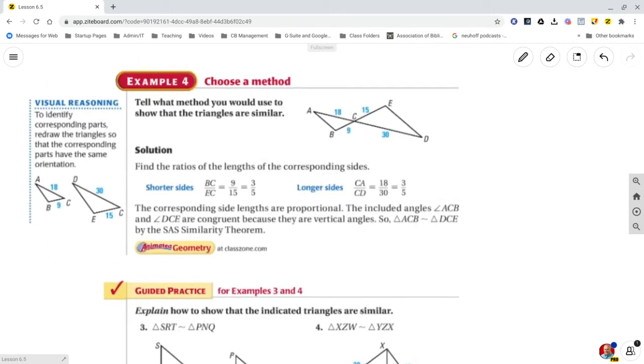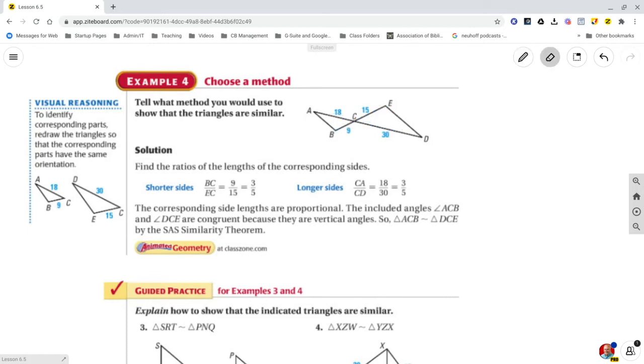So in this example, it's asking us to choose a method to determine whether or not the triangles are going to be similar. Well, let's see here. We don't know anything about parallel lines. That doesn't help us. We do know we have a pair of angles here, and those are going to be vertical or opposite angles, and those are going to be equal. So right away, I'm looking at the potential for side angle side.